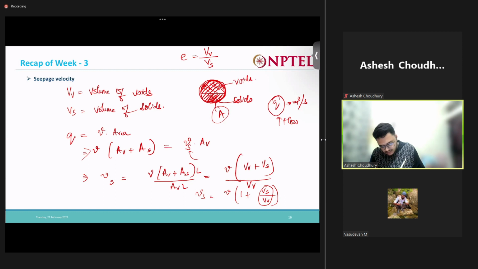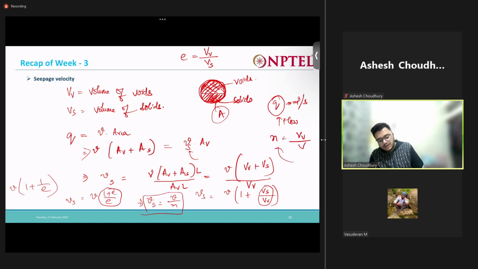This term is nothing but 1 by e, right? So we have Vs equal to V into (1 plus e) by e, right? And this term, if you remember, is nothing but 1 by n. So Vs is nothing but V by n, where n is the volume of voids by total volume, nothing but porosity.